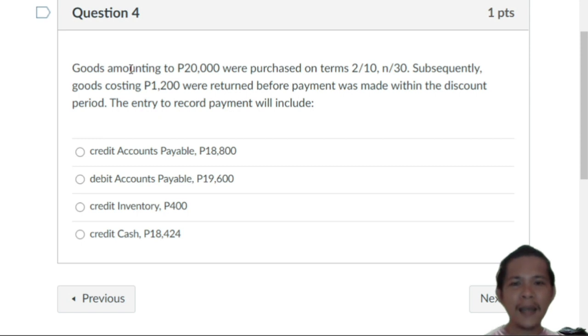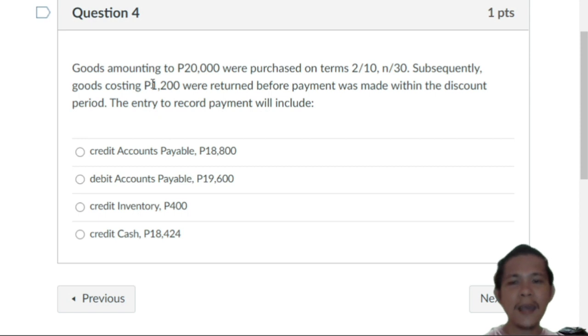Kapag bumili ka, dapat meron kang debit ng purchases or debit inventory for 20,000, credit accounts payable. Tapos, merong bumalik. So, ito dapat purchase returns. Okay? Kasi ikaw si buyer. So, pag meron kang purchase returns, debit ka ng accounts payable and credit ka ng purchase return. O kaya naman, kung perpetual inventory system yan, credit ka sa inventory.